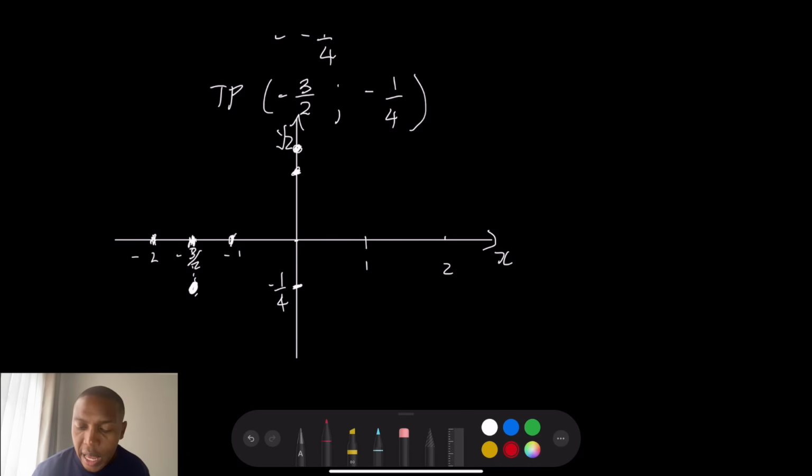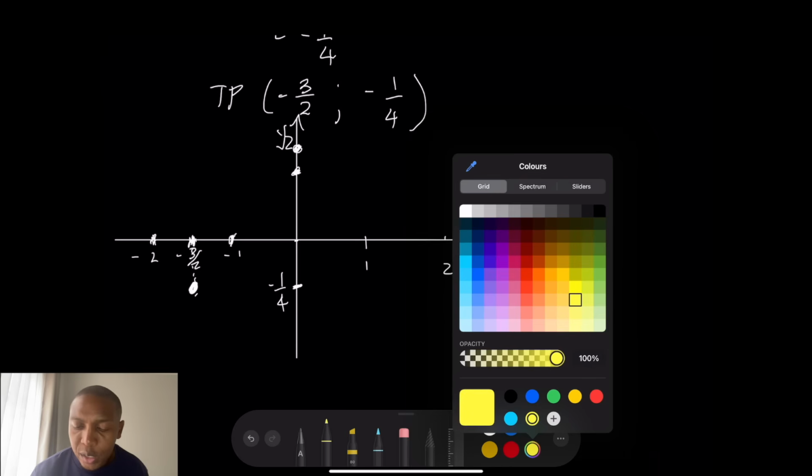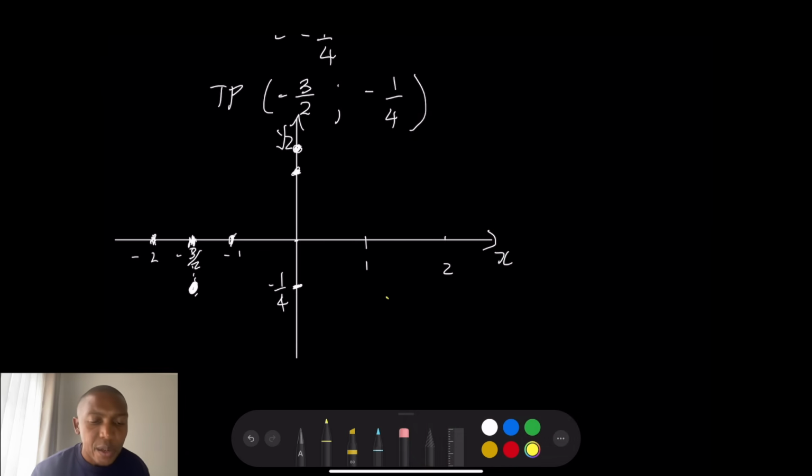So now let's try to draw that graph for ourselves. All I simply do is connect those points. Usually what I like doing is that when I get to that turning point, remember our a value was positive, so it tells us it's a smiling graph. So I know that I'm expecting it to turn just like that.